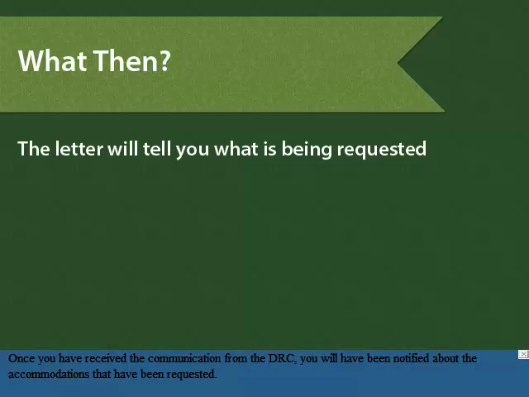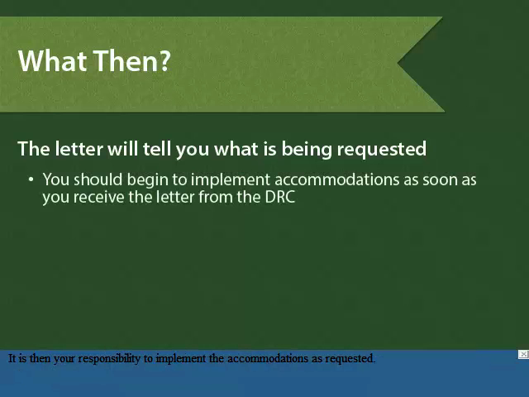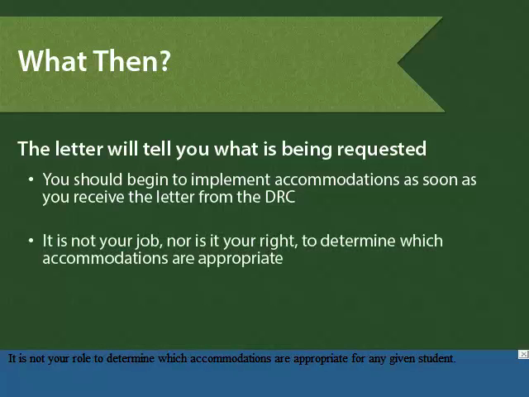Once you've received the communication from the DRC, you will have been notified about the accommodations that have been requested. It is then your responsibility to implement the accommodations as requested. It is not your role to determine which accommodations are appropriate for any given student. You should begin to implement the requested accommodations as soon as you receive the letter from the DRC.